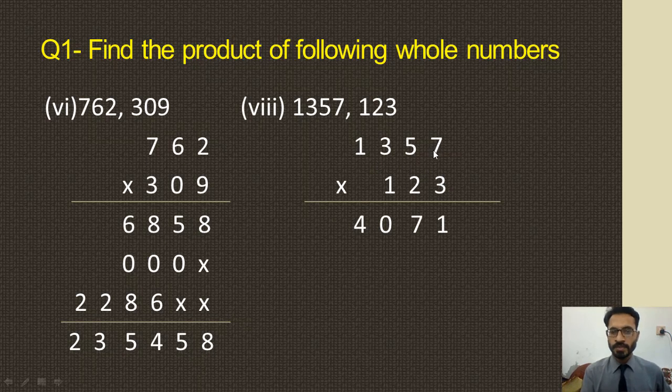3 multiplied by 7. 3 7s are 21. From 21 we will write the number from the unit place, that is 1. We will write 1 here and will carry 2 to the next number. 3 5s are 15, and in the 15 we will add 2. 15 plus 2 is 17. From the 17 unit place number is 7.